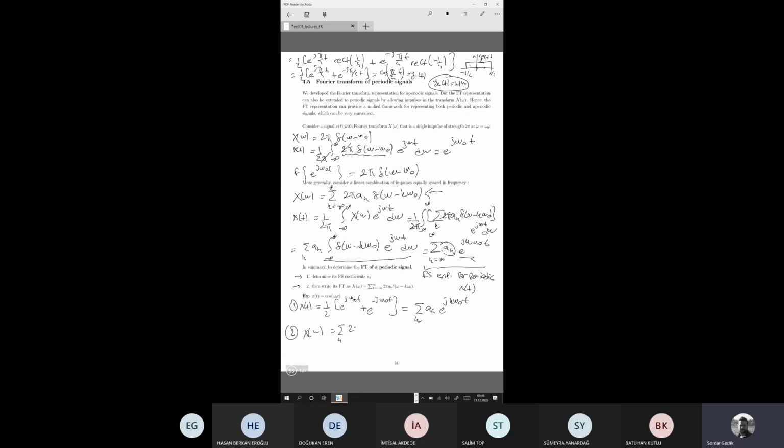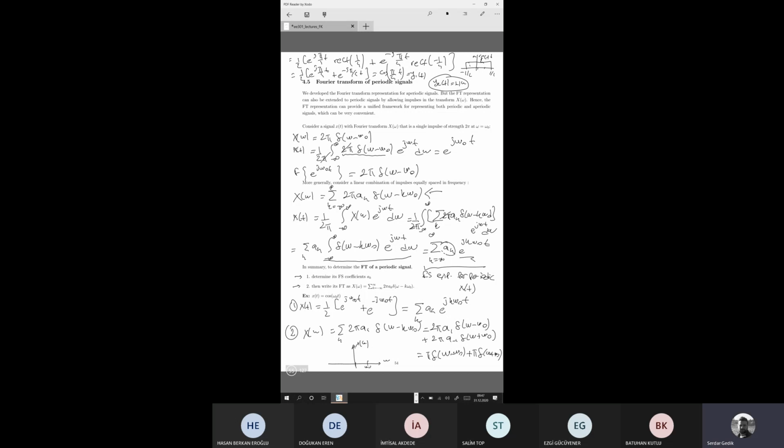It is the sum over k of 2π ak impulse(ω − kω0), and it is equal to 2π a1 impulse(ω − ω0) plus 2π a−1 impulse(ω + ω0), and this is finally equal to π impulse(ω − ω0) plus π impulse(ω + ω0). So X(ω) is this.